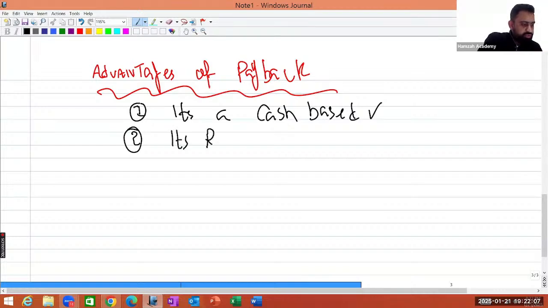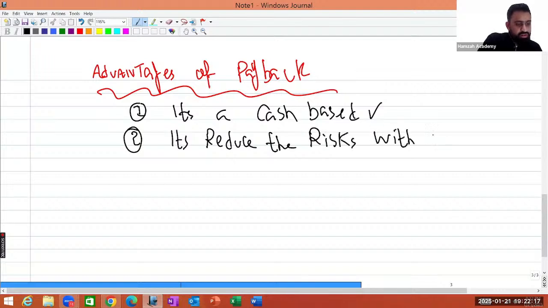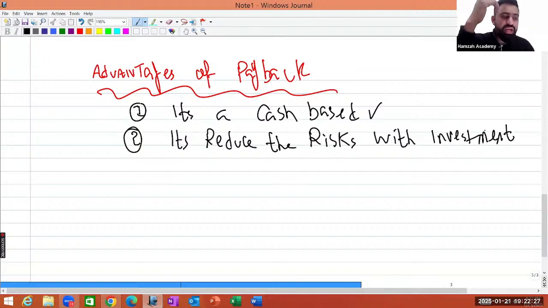it reduces the risks with investment. Now, payback reduces the risk which we have in an investment or in a project. How does it reduce the risk?